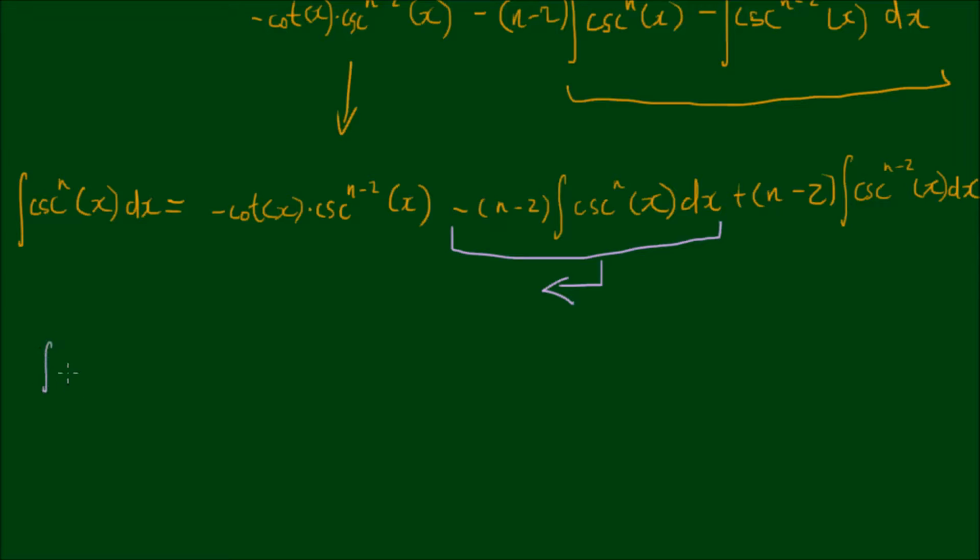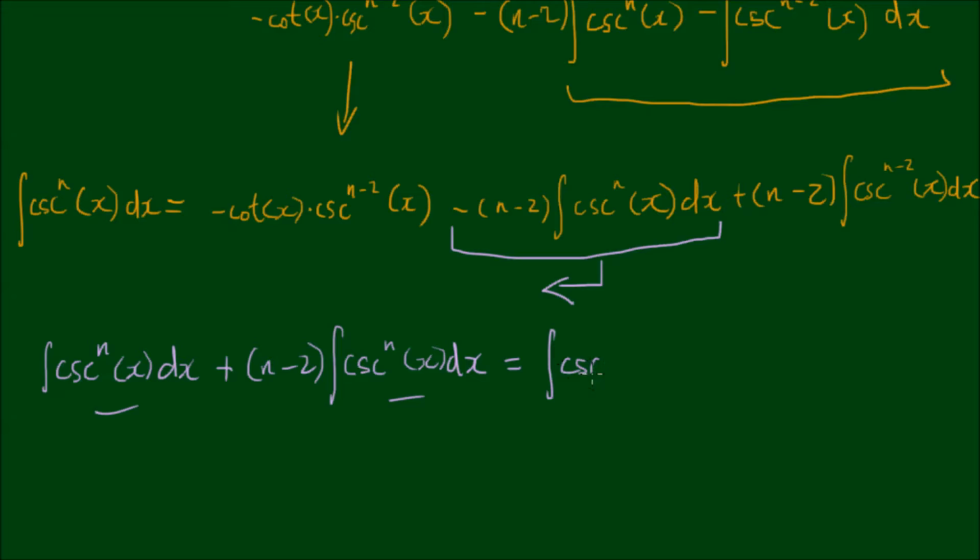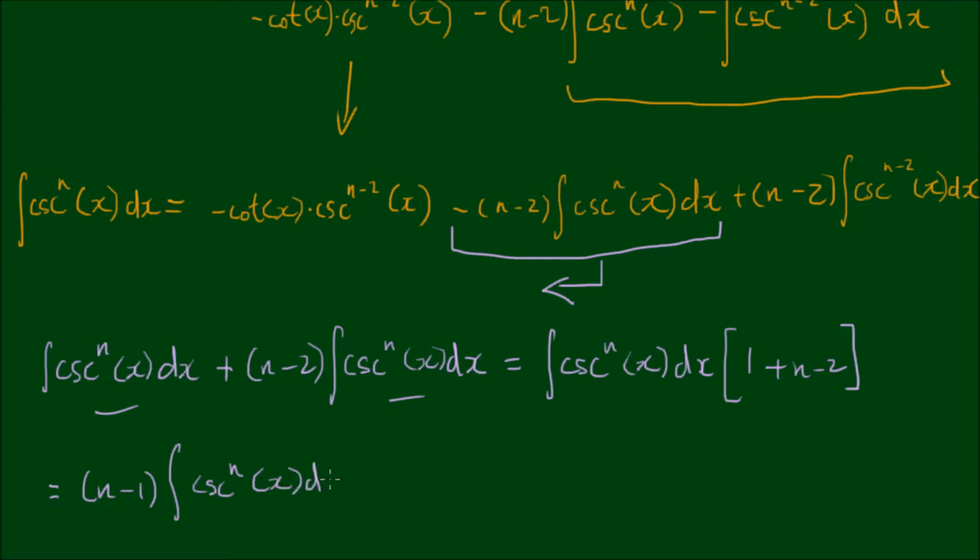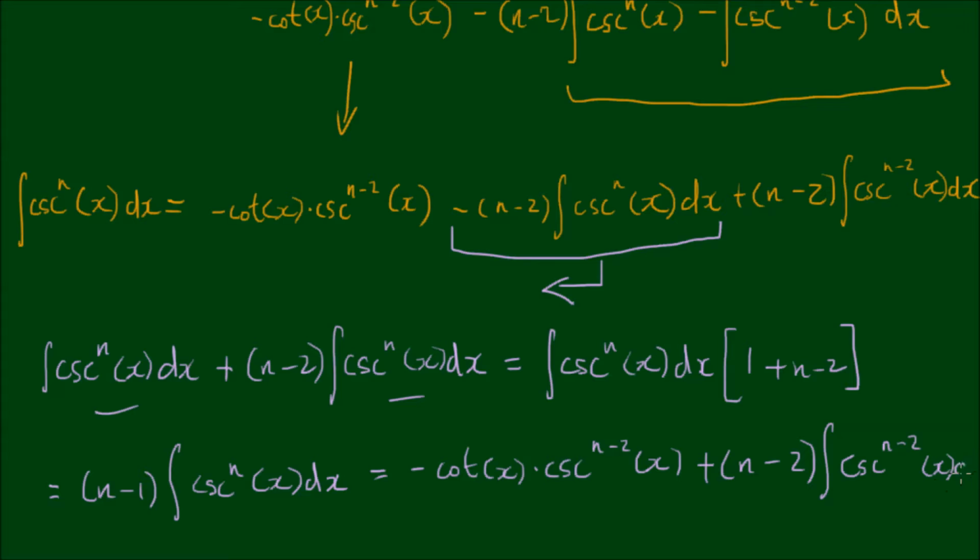So on the left hand side we have the integral of cosec to the nth power of x dx plus n minus 2 by the integral of cosec to the nth power of x dx, which equals, I'm going to simplify it by factoring out the integral of cosec to the nth power, and of course we have 1 plus n minus 2, which equals n minus 1 by the integral of cosec to the nth power of x, and this is all equal to negative cot of x by cosec to the n minus 2 power plus n minus 2 by the integral of cosecant to the n minus 2 power of x dx.